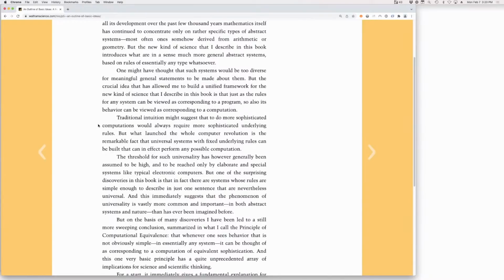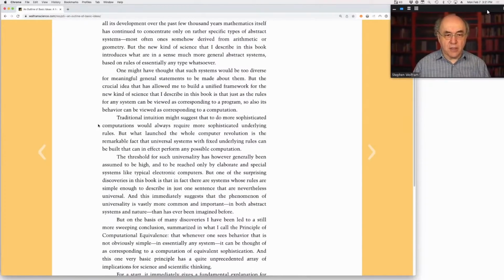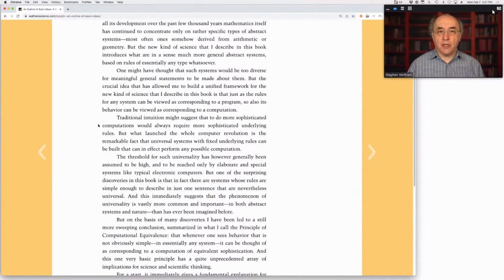The threshold for such universality has, however, generally been assumed to be high and to be reached only by elaborate and special systems like typical electronic computers. But one of the surprising discoveries in this book is that, in fact, there are systems whose rules are simple enough to describe in just one sentence that are nevertheless universal. And this immediately suggests that the phenomenon of universality is vastly more common and important in both abstract systems and nature than has ever been imagined before.